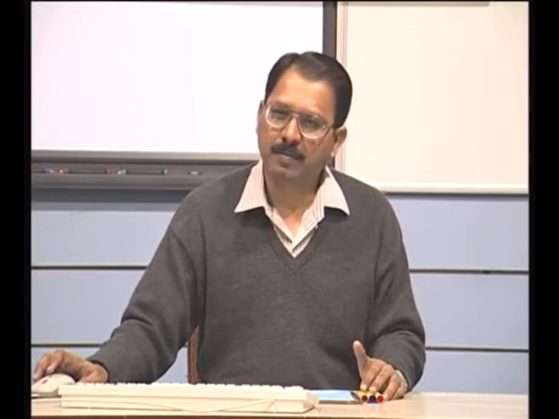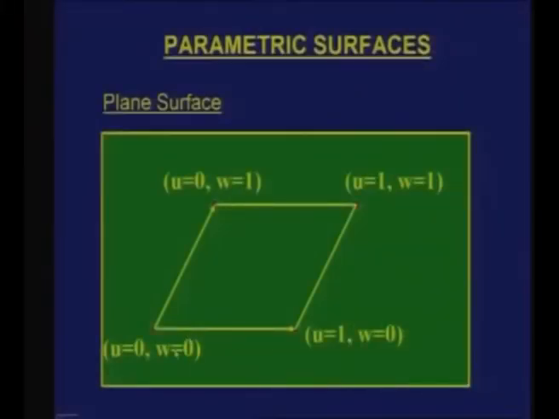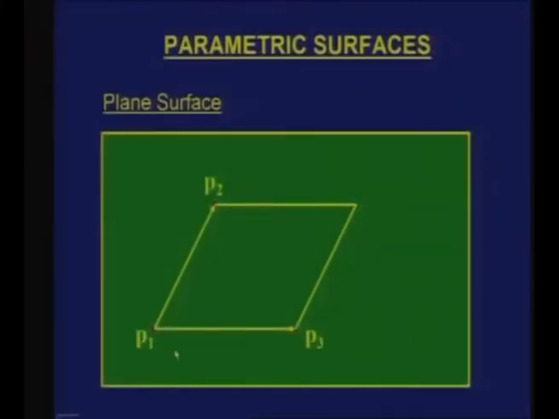Here is a starting point, and I have another point, let us say P2 or P3, whatever it may be. This gives me one vectorial direction. I have another vectorial direction which is P2 minus P1.